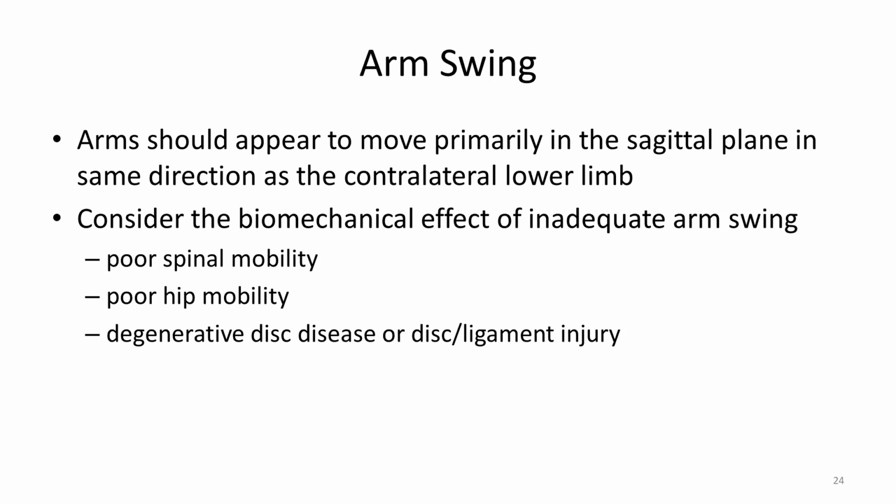So we look at the arm swing, and we can pick up on maybe a lack of rotation happening in the spine because the arms aren't symmetric, they're not staying in the sagittal plane. We might start seeing some frontal plane motion, or them being held right by their sides. That is a clue that something is going wrong with the rotation and the ability of the spine to create some of this energy.